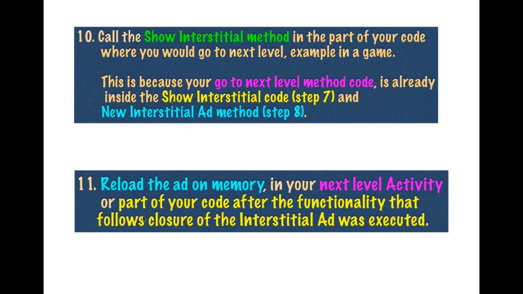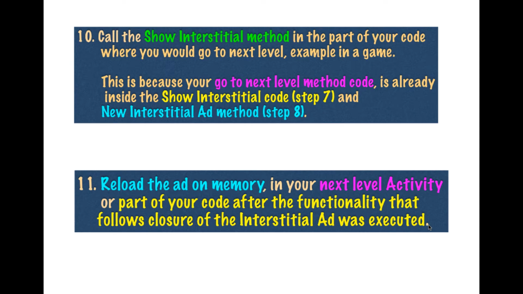So number 11, you have to reload the ad on memory in your next level activity or part of your code after the functionality that follows closure of the interstitial ad was executed. For example, in the game of the user, while playing the game, the ad did not show.